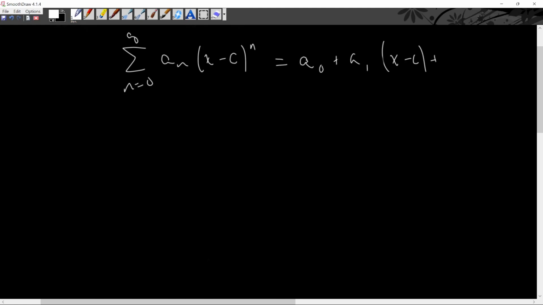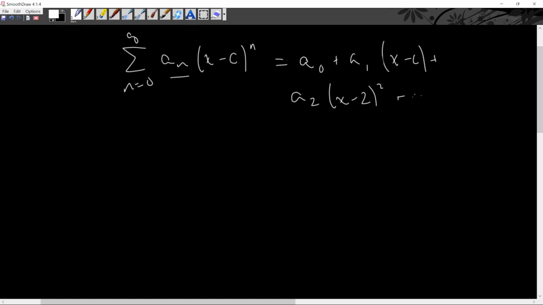You have a sub 2 times (x minus c) squared, and you just go on in that fashion. And a sub n is the coefficient of the nth term, right?